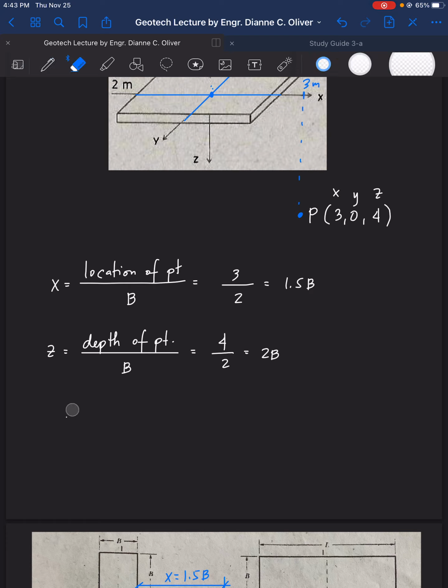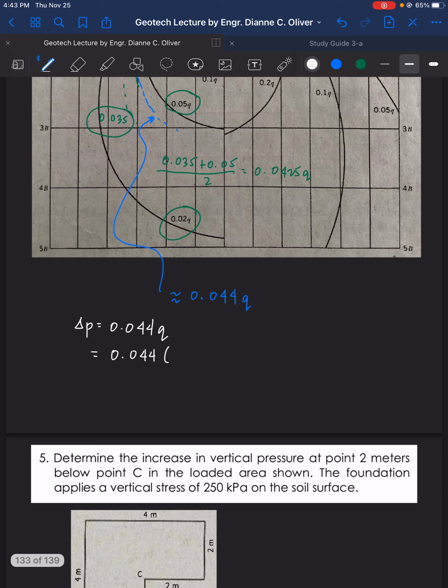I should have computed it first. So 900 kilonewton divided by 2 squared. So 900 divided by 4 is equal to 225 kilopascal. So we have here Q as 225 kPa.